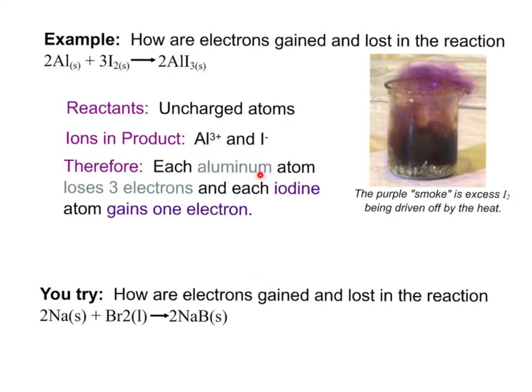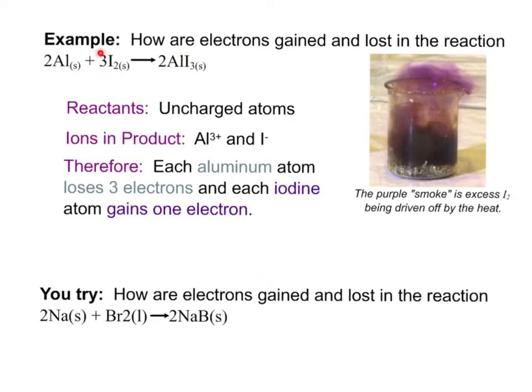Each aluminum atom loses 3 electrons because it's going from a 0 charge, neutral, in our aluminum solid atoms, to a +3 charge over here. So each aluminum is losing 3 electrons, right?